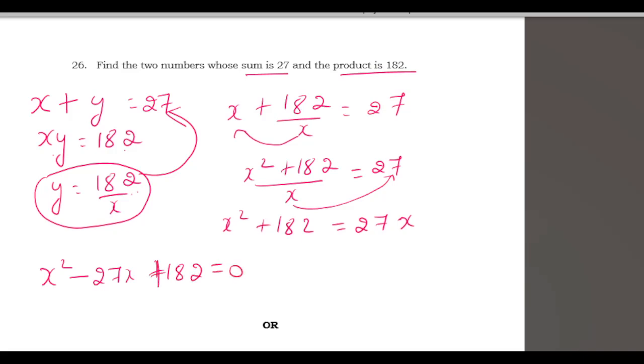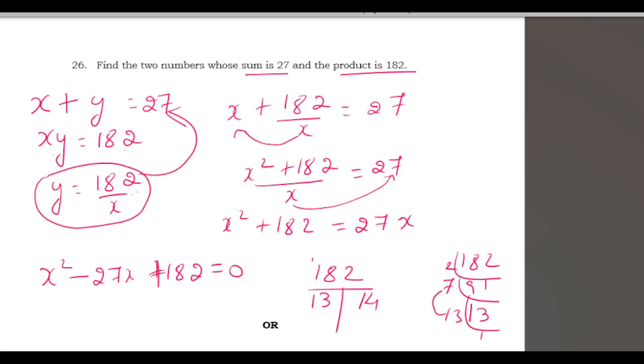Now factorize these terms. We have to write the factors of 182. We can take it as 13 into 14, which is 182. Otherwise you can factorize it as 2 into 91, and 7 into 13.